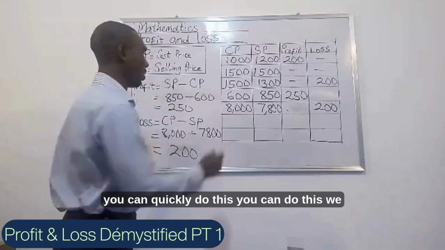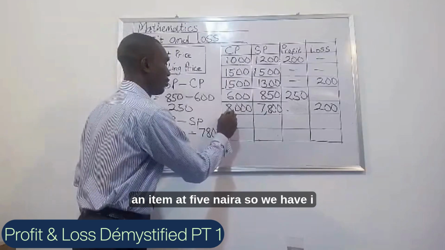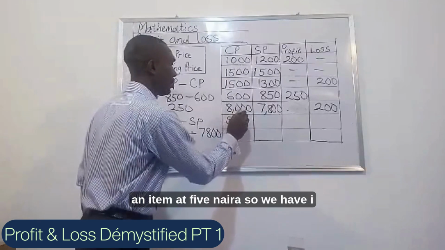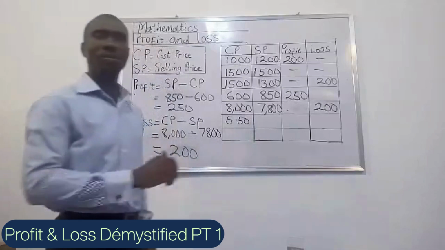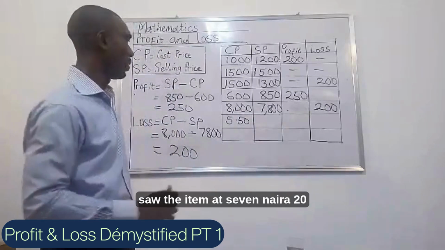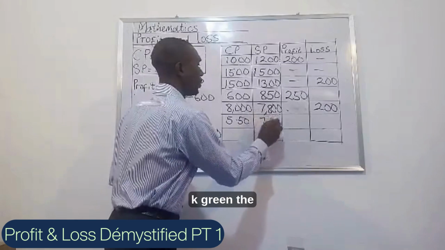You can do this. Suppose I bought an item at 5 naira 50 kobo, and I sold the item at 7 naira 20 kobo.